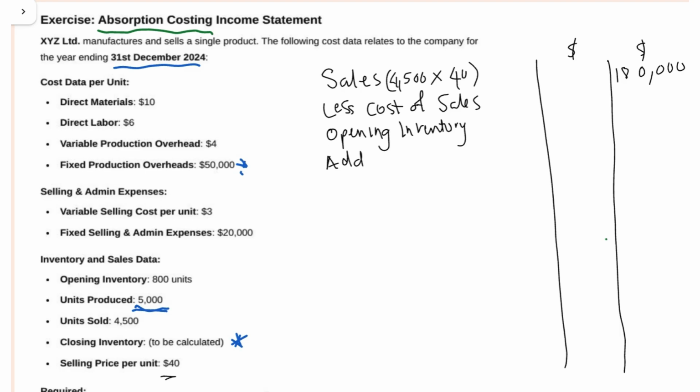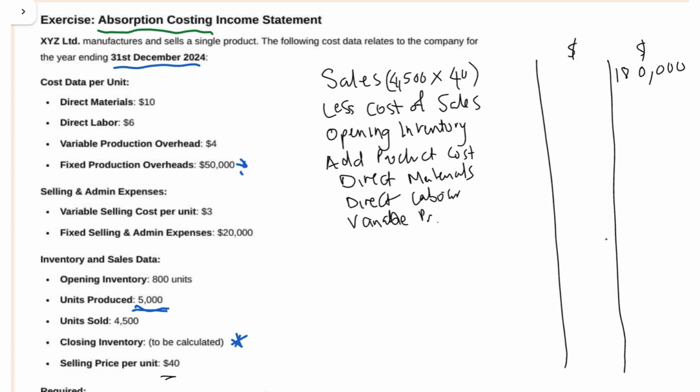In this case you can add your direct materials, direct labor, your variable production overheads or manufacturing overheads, and your fixed production overhead. So you know what that means, I'm just abbreviating. Then we can get our gross profit. You can do it that way.